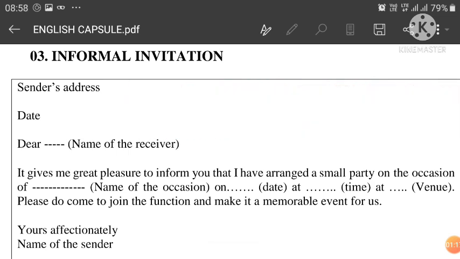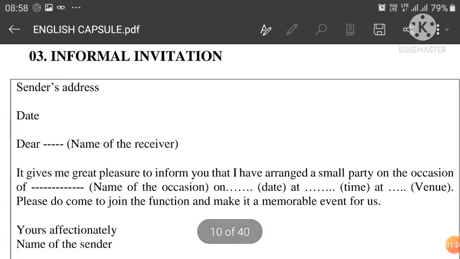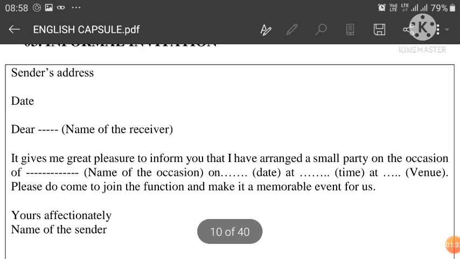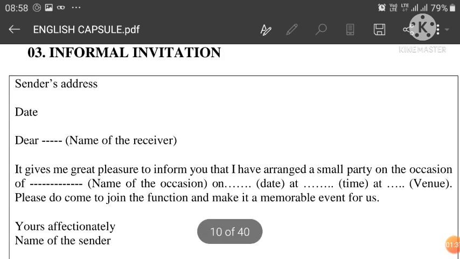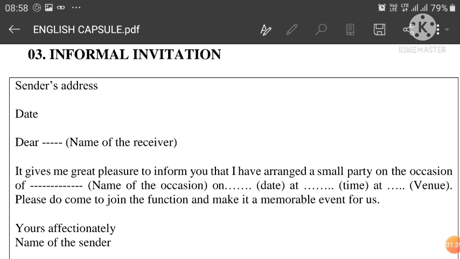Oh, you can. If it's asked in the question paper, remember the question will tell you whether you got to invite formally or informally. So let's talk about informal invitations, where you can be a little friendly, where you can use please, where you can use I. Yes, categorically speaking, here you can use the first person, that is I.